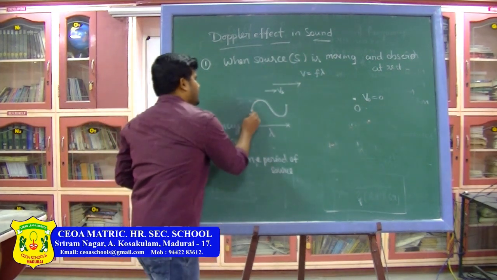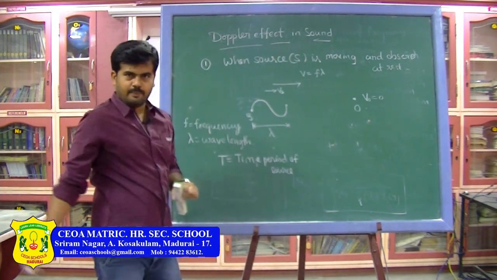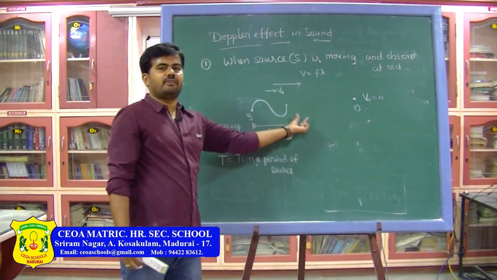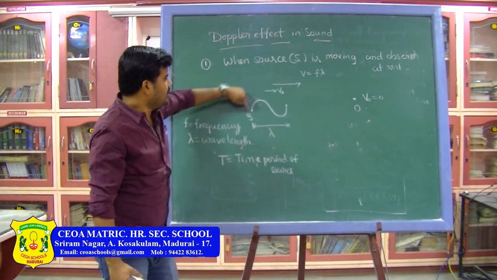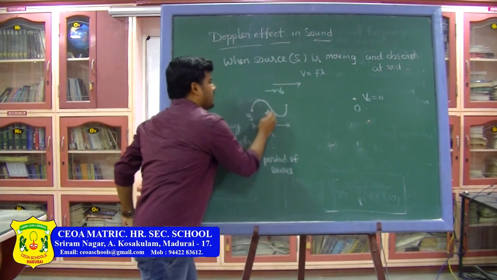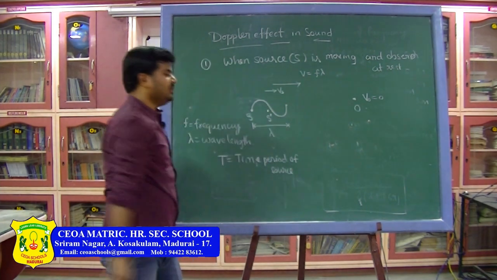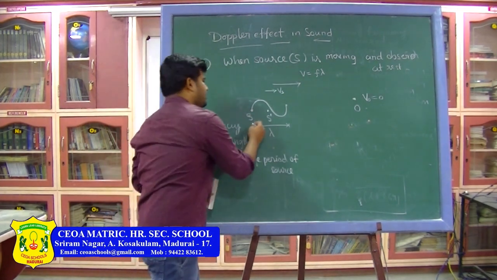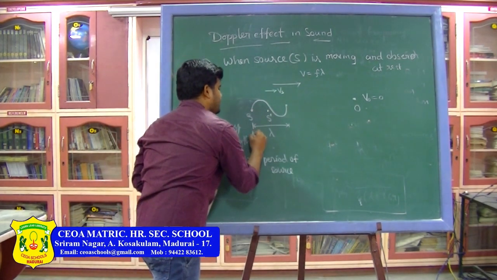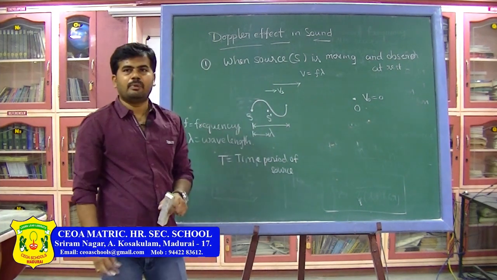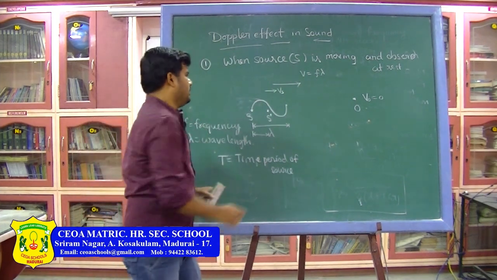So, let the initial position of the source be S. In that time T, the source will move to some new position. Let that new position be this one, S dash. From this new position, the second wave will be released by the source.